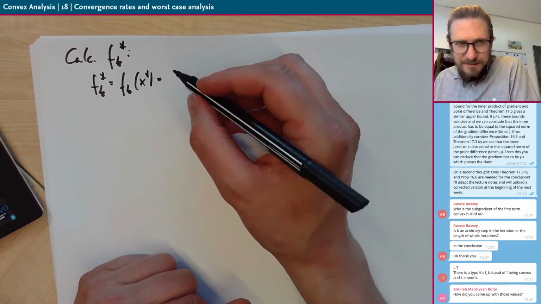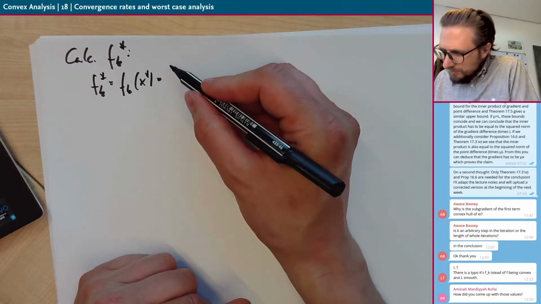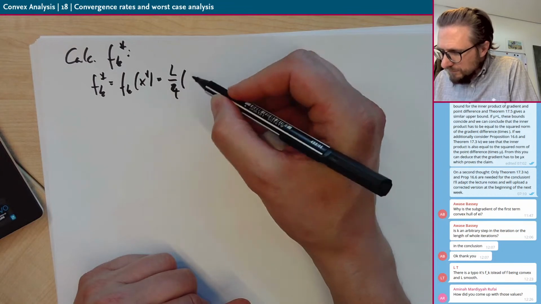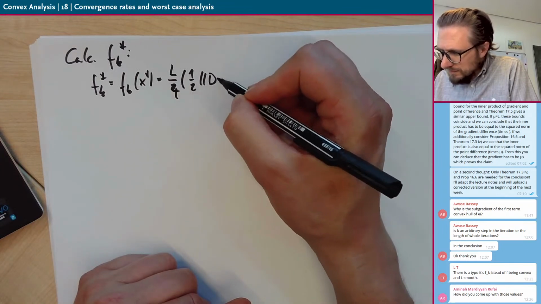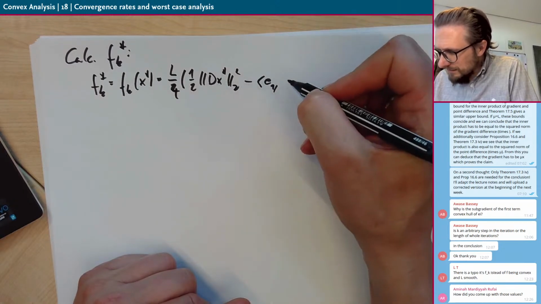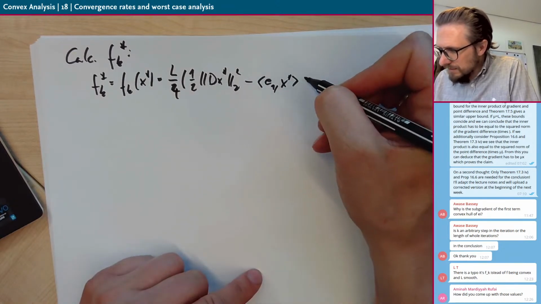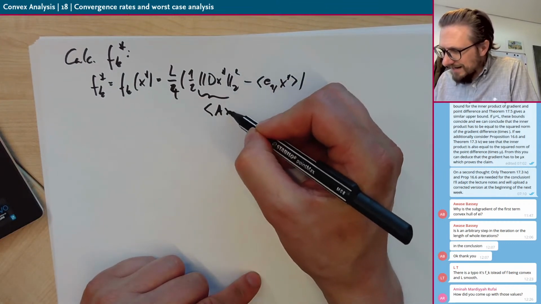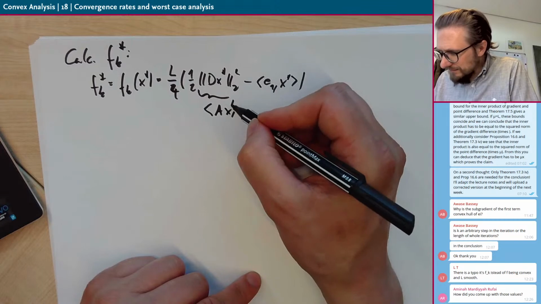We can make our life a little simpler, because we know that this is L over 4 times one half of the 2-norm of Dx star squared minus e1 transpose x star. And we also know that this is the same as this, I x star.